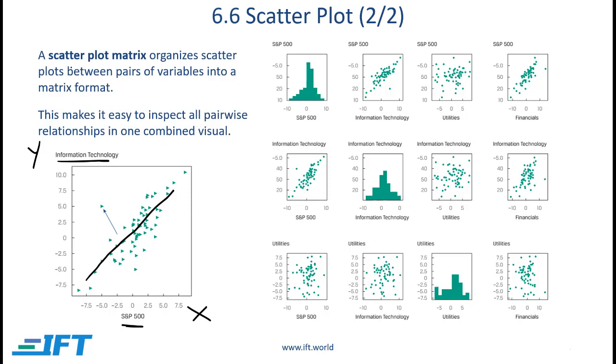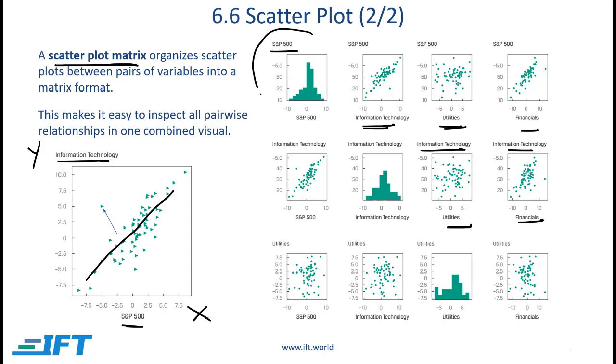In that case, we use what is called a scatter plot matrix. So we want to look at the association between the S&P and different sectors such as IT, utilities, financials, and so on. At the same time, we want to look at the association between sectors. So we want the association between IT and utilities, IT and financials. So the way we do that is through a scatter plot matrix.